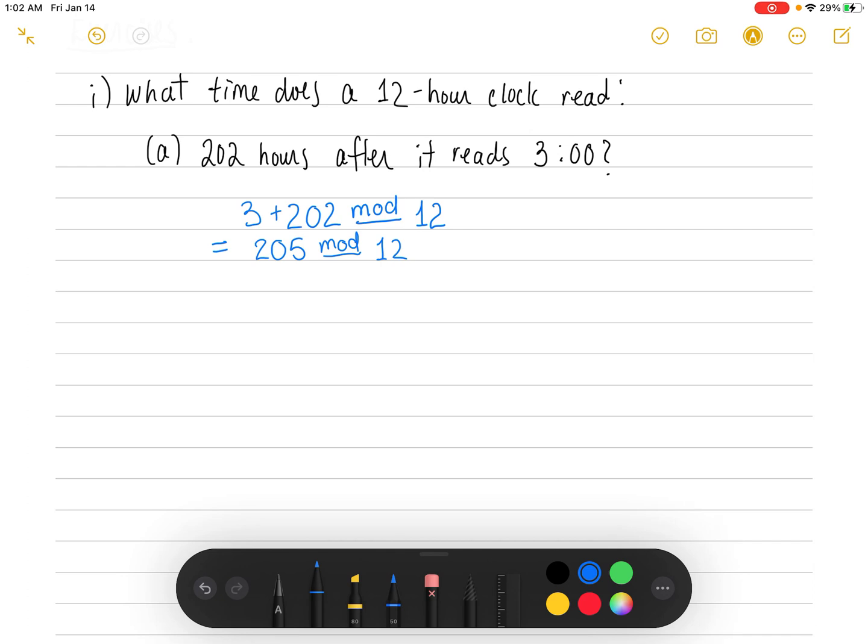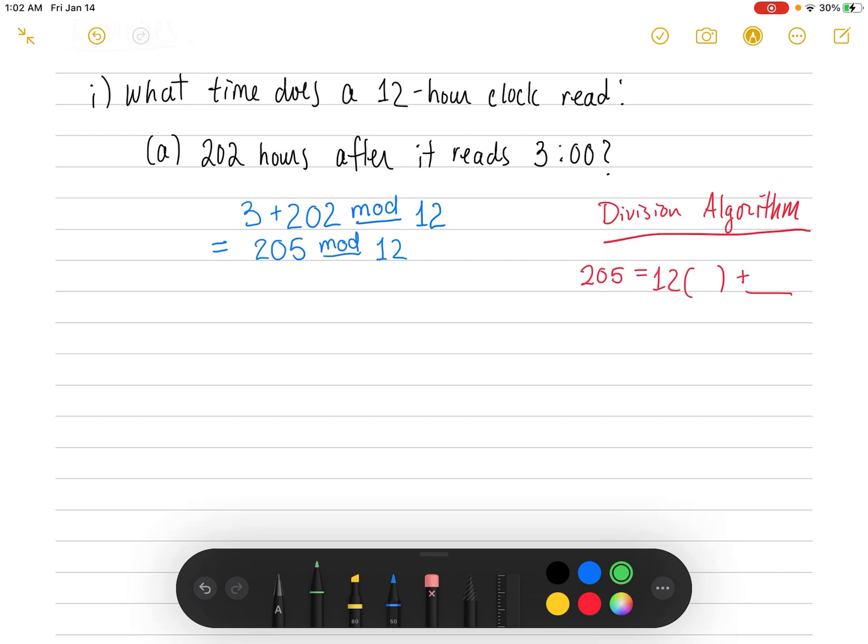Now remember what this means. 205 mod 12 is the remainder that you get when using the division algorithm. Okay, let's break out our division algorithm on the side. You're taking 205 and dividing 12 into it. You're going to get a quotient plus a remainder.